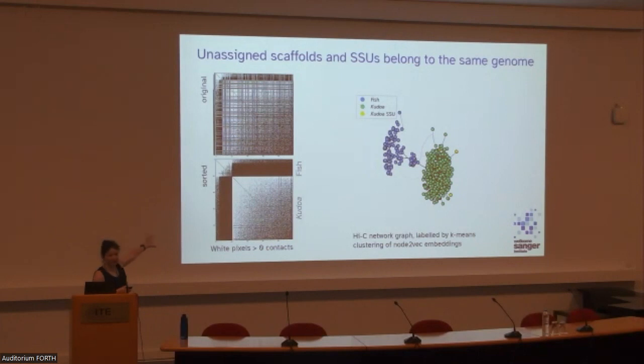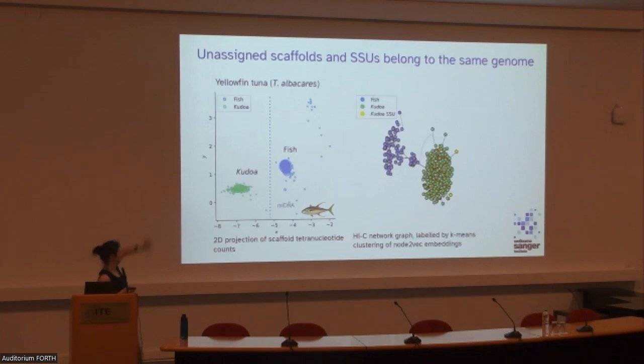So at the bottom, you can see the sorted version of that matrix. And importantly, the cluster that was previously unassigned is the same cluster that contains the ribosomal subunits. And we can see those labels applied to that previous plot here. The only outlier is the mitochondrion, which is compositionally not that similar.